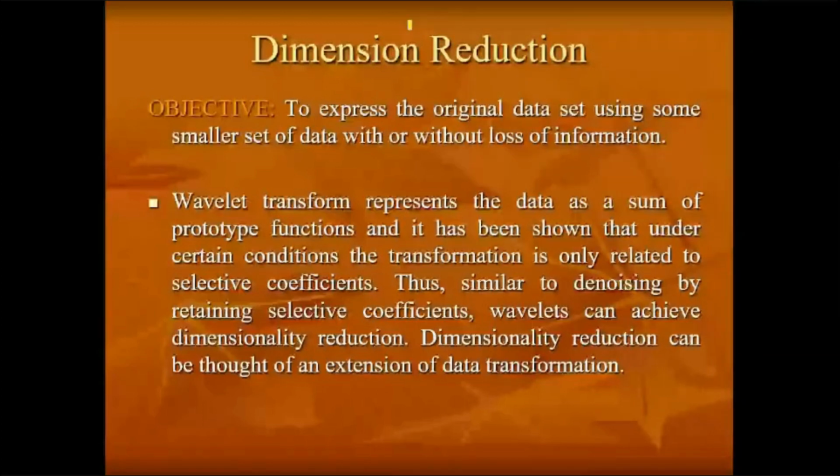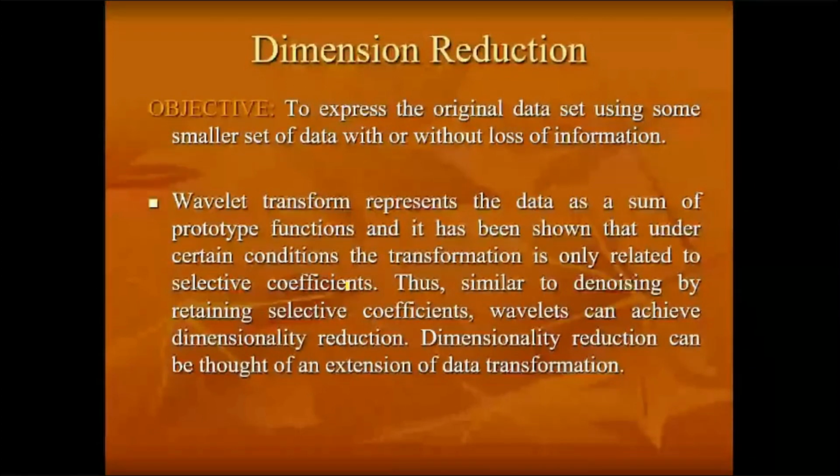Here the wavelet transform represents the data as a sum of prototype functions. So how can we say that this wavelet transform becomes the prototype function? Let's discuss. It has been shown that under certain conditions, the transform is only related to selective coefficients. That is the important point.